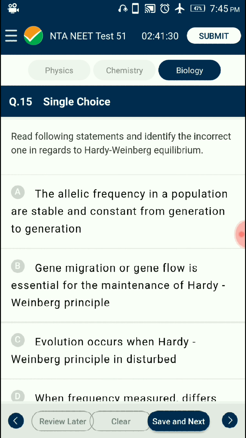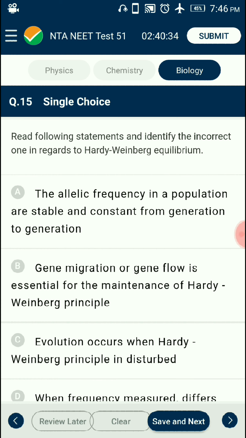Question number 15. Read the following statements and identify the incorrect one in regard to Hardy-Weinberg equilibrium. Gene migration or gene flow is one of the factors affecting the Hardy-Weinberg principle. When a population is following the principle and staying in equilibrium, it is not evolving, thus the allele frequencies will not change throughout different generations.